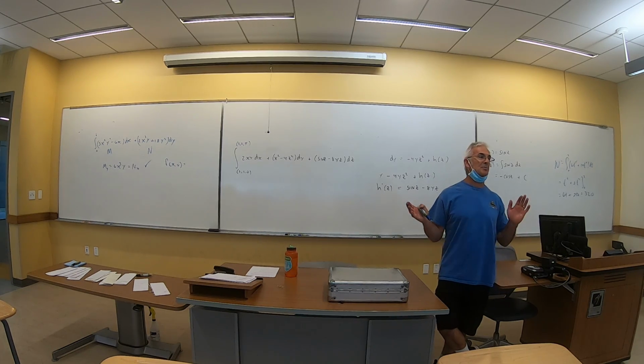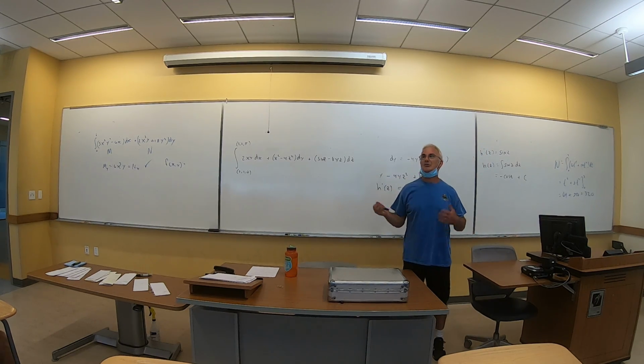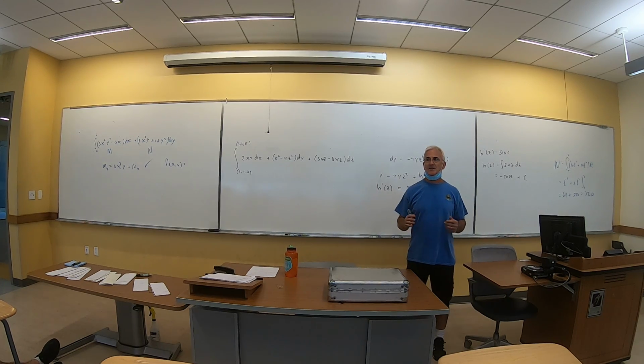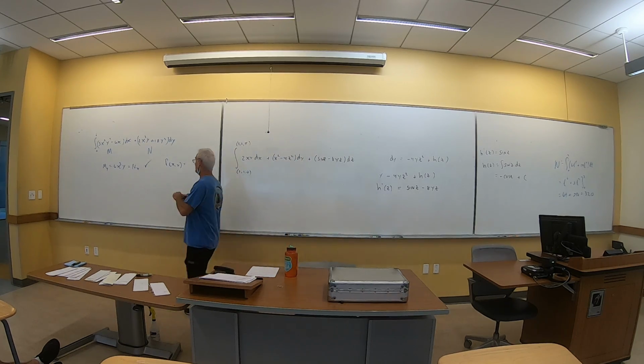In other words, let's just pretend for a moment this was not conservative. But if I multiplied both M and N by x squared, now it would be conservative. But just suppose, do you think that's a stretch?